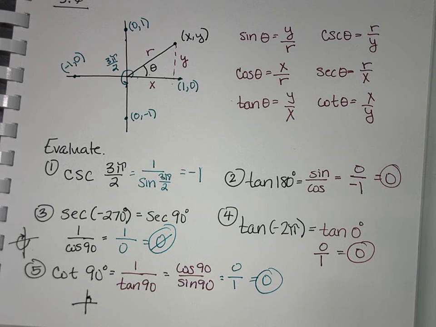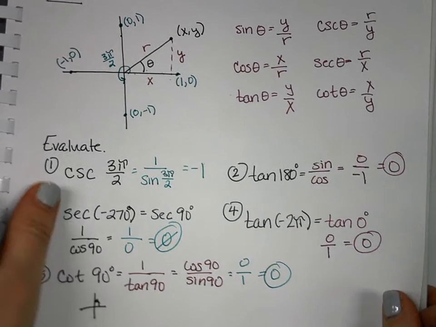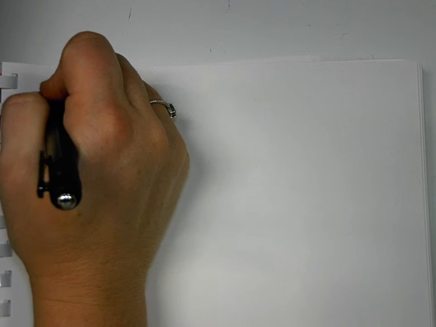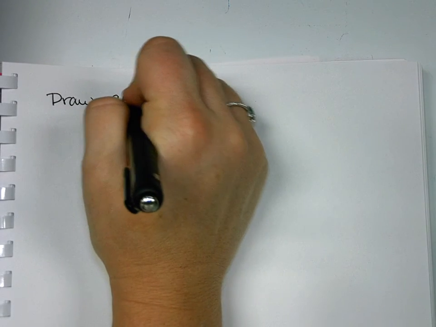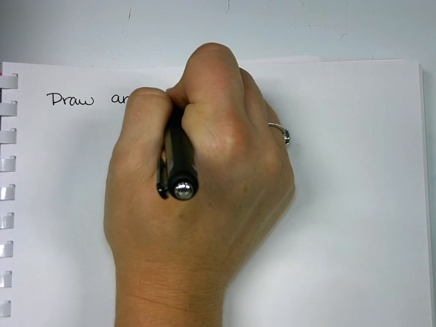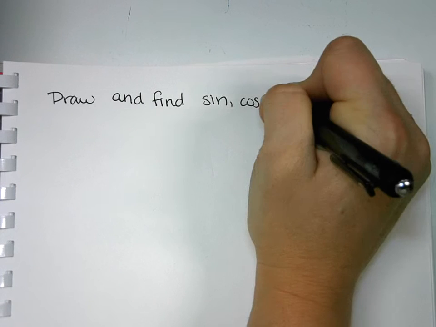So there is one more I want to do that's like something on your 3-6 worksheet. It's going to ask you to draw your angle. So draw the angle and find sine, cosine, and tangent.